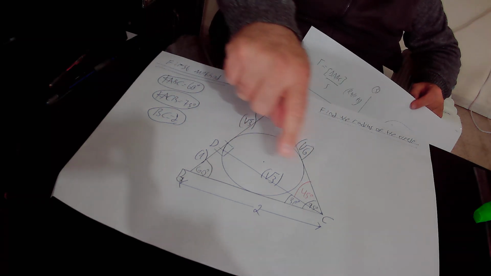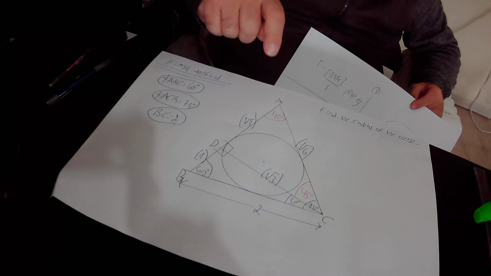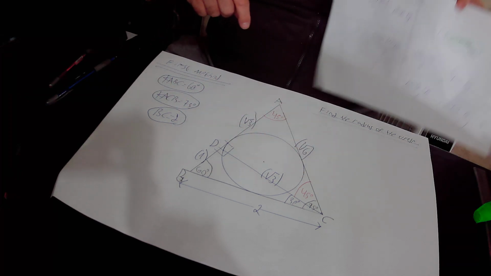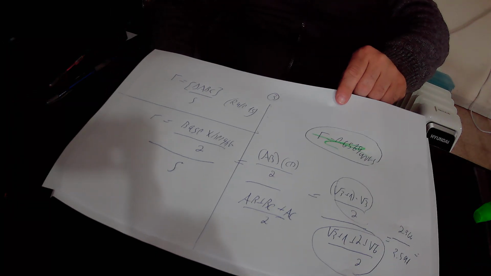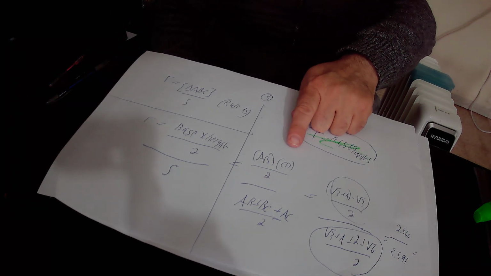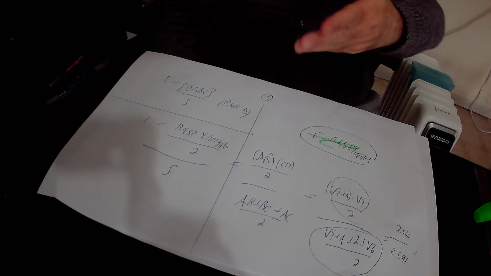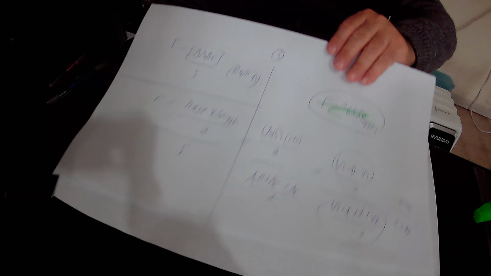Why? Because the height DC creates 90 degrees with the base. So the area of triangle ABC equals the base AB times the height CD over 2, over the semi-perimeter of the same triangle ABC.